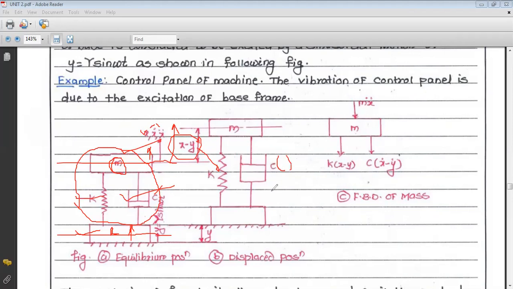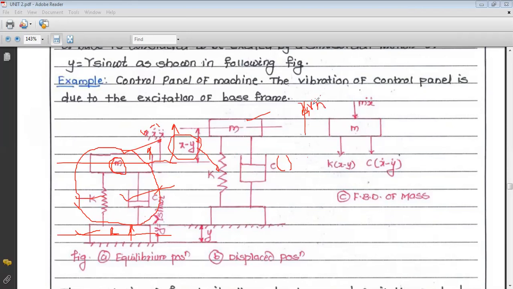Now if you draw the free body diagram of the mass in displaced position, we get the displacement x, the velocity x dot, and the acceleration x double dot, all in the vertically upward direction.